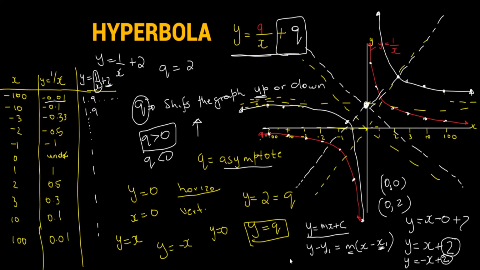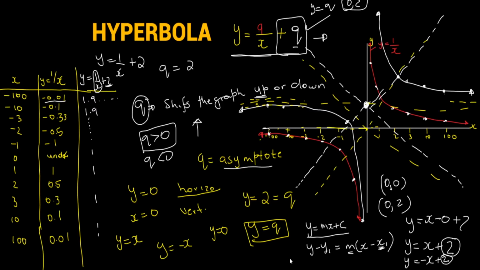By looking, you should already tell, oh okay, from this value of q, I have a new asymptote, which is y equal to q. And also, my axis of symmetry changes because now I have a new point, which is 0, 2. Therefore, my y-intercept of the graph also will change. And also, my graph is shifting up, and also the new asymptote.